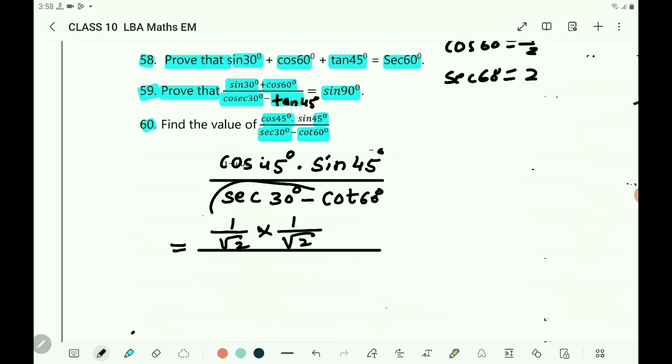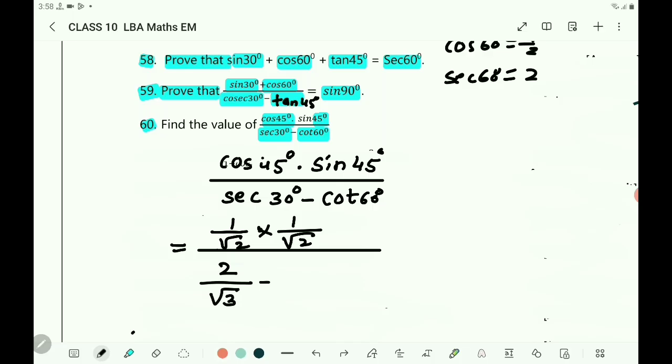Then secant 30. What is the value of secant 30? Secant 30 is, cos 30 is root 3 by 2, so secant 30 is 2 by root 3, minus cot 60.